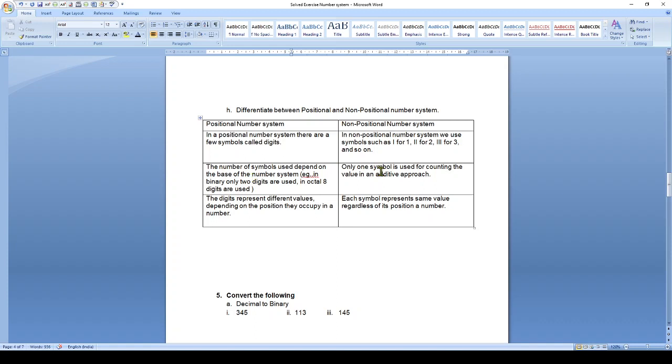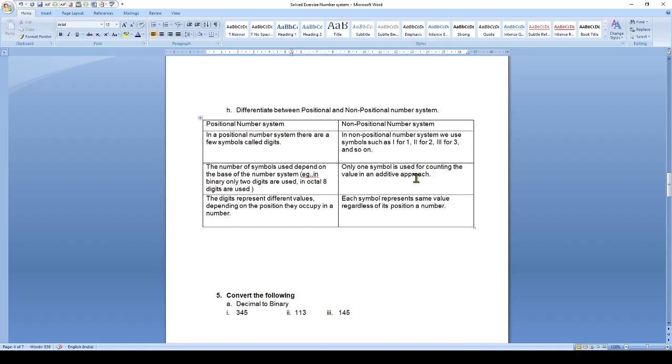In a non-positional number system, only one symbol is used for counting the value in an additive approach. So either it is a pebble or it is a stick.